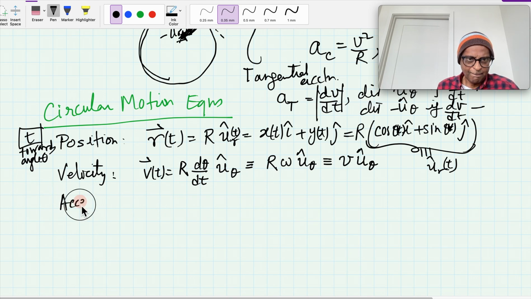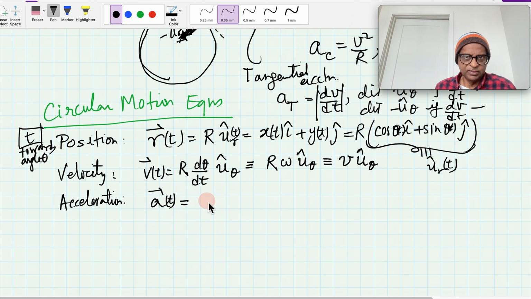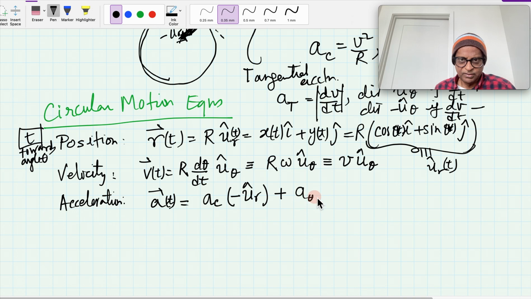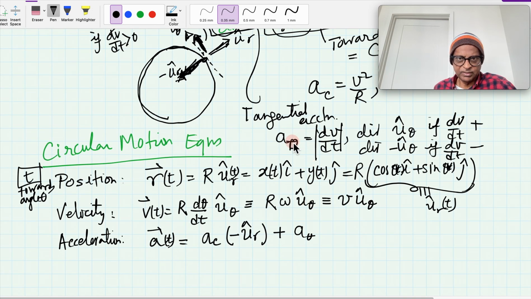And acceleration at instant t is going to be a centripetal acceleration with a minus u hat r direction, and you're going to have a tangential expression, a sub theta, with direction u hat theta of t. These all have time dependence.